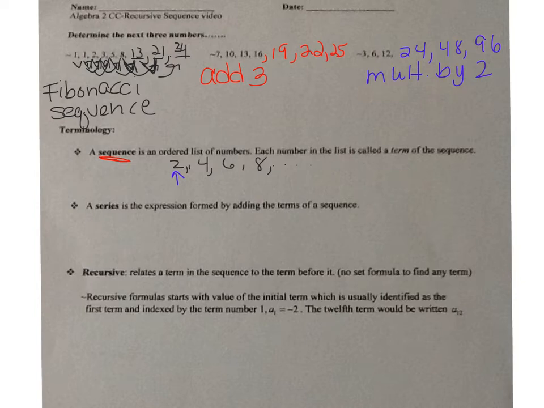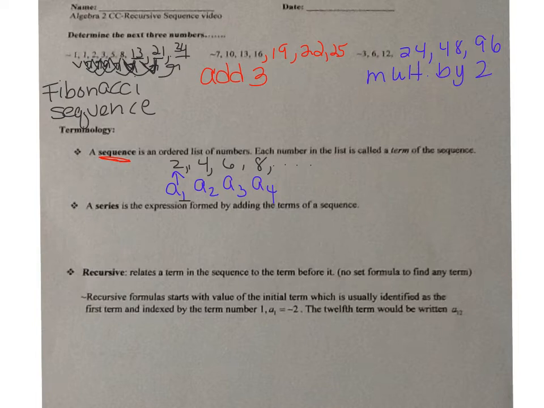We would label this 2 as A sub 1, 4 would be A sub 2, 6 would be A sub 3. Where am I getting the 1, the 2, and the 3? We call this A sub 1 because 2 is in the first position. It's my first term. The next one would be A sub 2 because 4 is the second term. The next one is A sub 3 because 6 is the third term. So 8 would be A sub 4.